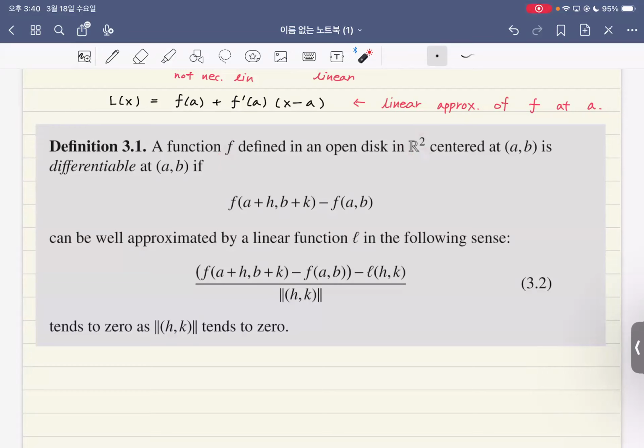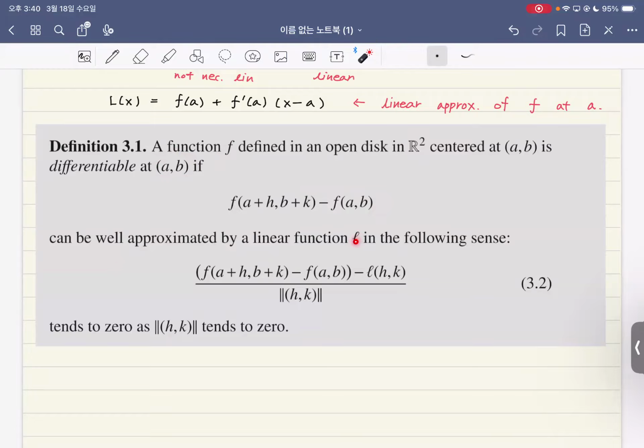We say this function is differentiable at this point if the increment can be well approximated by a linear function L in the following sense.